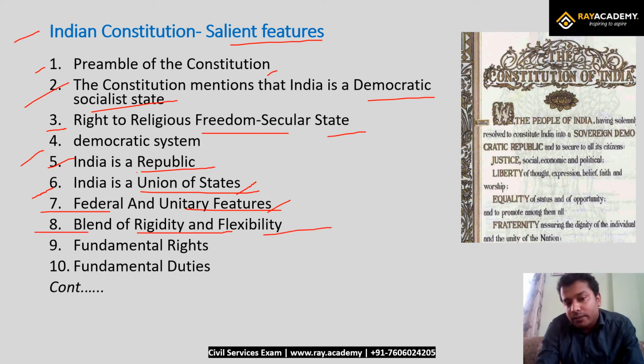The Indian constitution also has a blend of rigidity and flexibility. What do you mean by rigidity and flexibility? Rigidity and flexibility refers to how easily or how difficult it is to amend the constitution. When we talk about the amendability of the constitution, which is referred to in Article 368, there are certain parts of the Indian constitution which are very rigid in nature, which means to amend those parts you need, for example, not less than 2/3 of the members present and voting. For flexibility, you simply pass a law and a minimum 50% majority of the voting can pass the law.